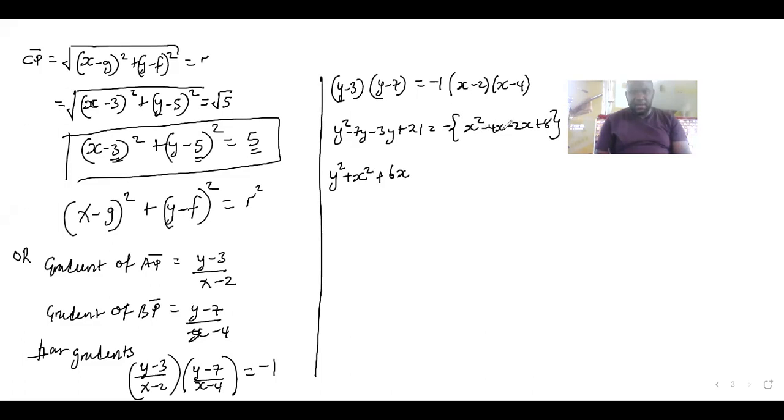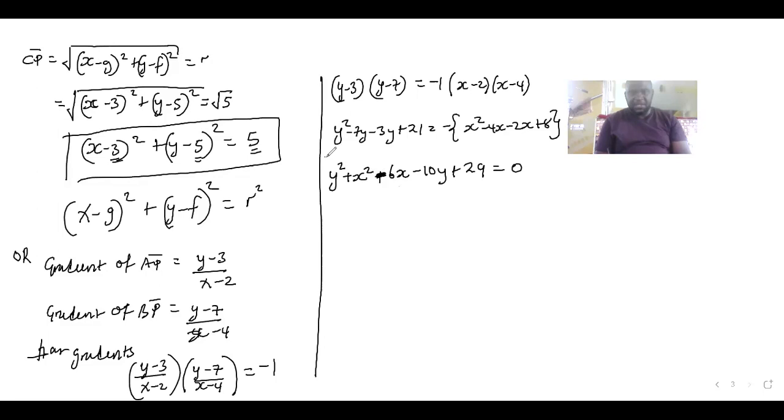Then this one gives us minus 10y, 21 plus 8, you get plus 29 is equal to 0. This 6 was having a negative, so it's a negative here.